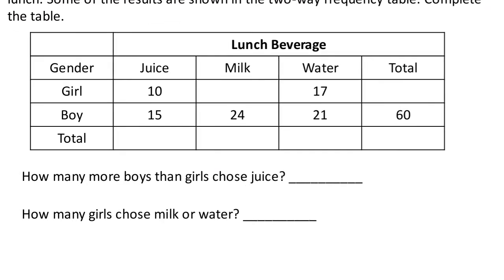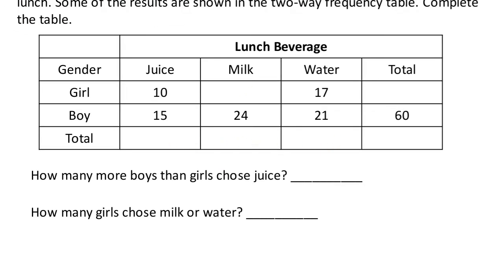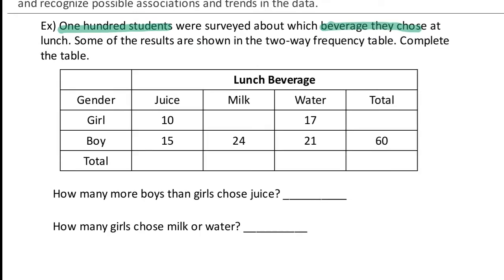Notice I have some gaps in my table this time. In the table, we add vertically, and this grand total has to be these together and these together.